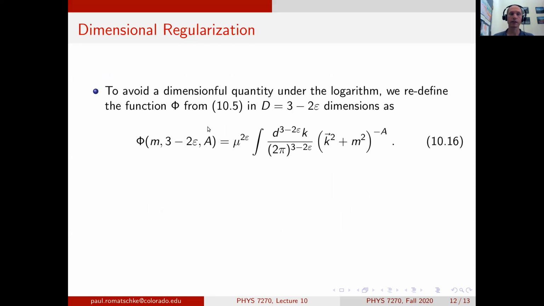Basically, we want the expression for phi to always have the same mass dimension, no matter what epsilon is. So no matter in which fractional or non-integer spatial dimension we work, we always want this to have integer mass dimension. And it's easy to repair this by just multiplying the expression that we use in non-integer space dimensions by a scale mu to the power 2 epsilon, such that this, together with the minus 2 epsilon here, makes up just an integer value for the mass dimension of the overall function phi.